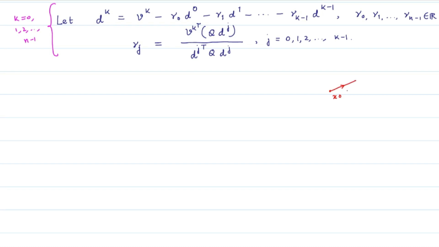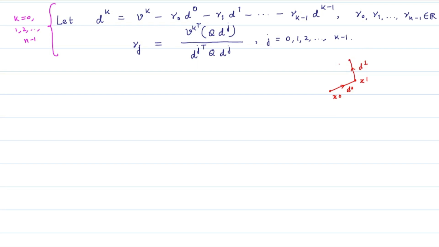That is, starting from x0, we move along the direction d0, take a step length of a certain amount, say alpha0, and then we reach the point x1. Then after reaching x1, we move along the next direction in the Q-conjugate directions, d1, and take a step length of a certain amount, let's suppose alpha1, we reach the point x2, and so on.